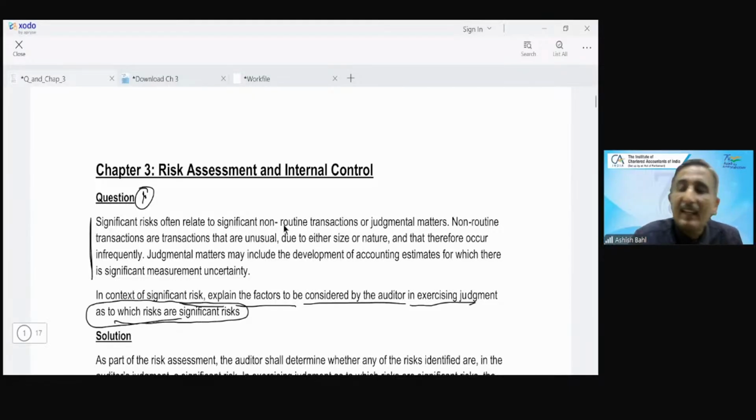Generally, which kind of risks are considered significant risks? Which factors would be considered by the auditor for determining that a particular risk is a significant risk?